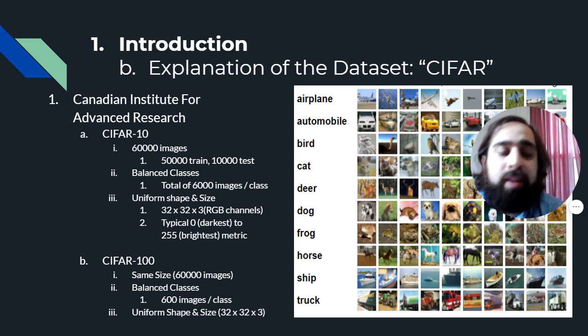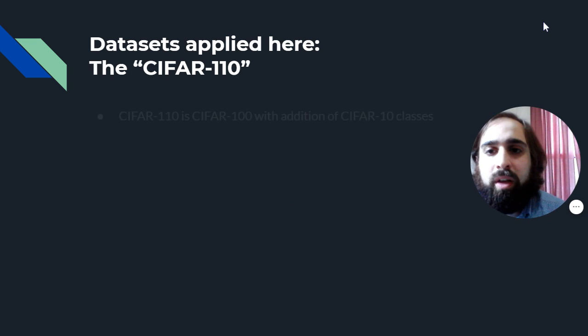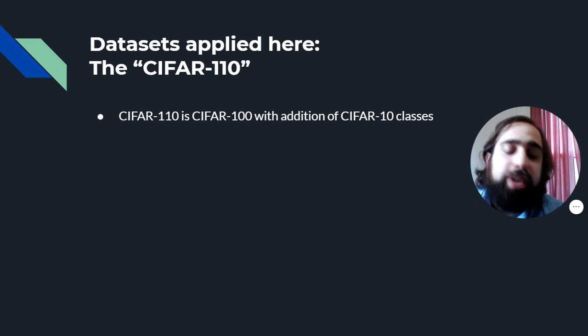And because this is a popular data set, I would say almost as popular as the MNIST, that's the one with the handwritten numerals that you'll find immediately when you type into Google image classification data science, I wanted to change it up a little bit and create my own data set called the CIFAR 110.